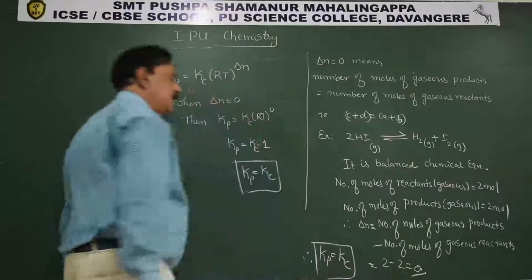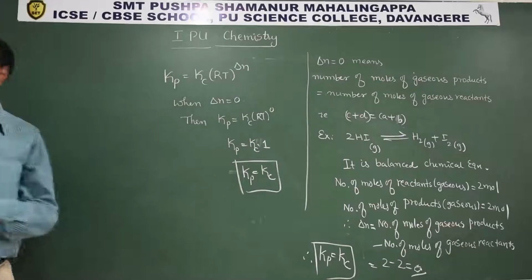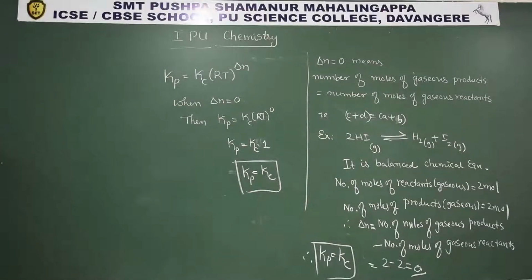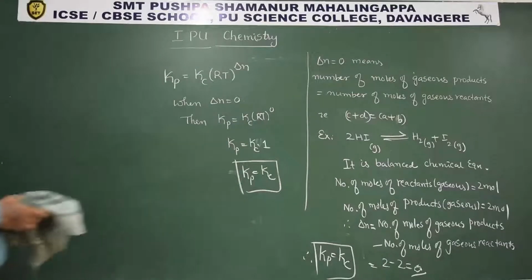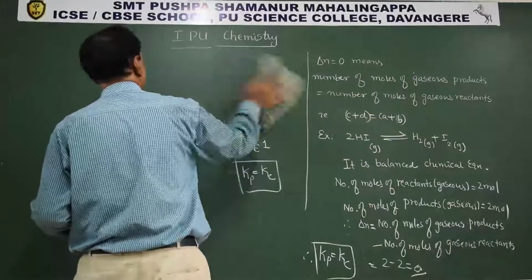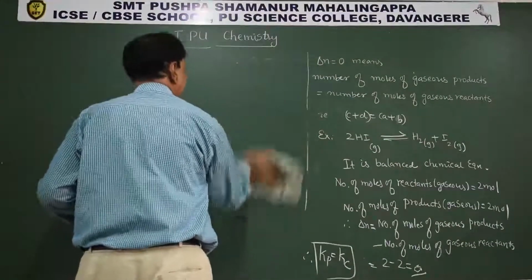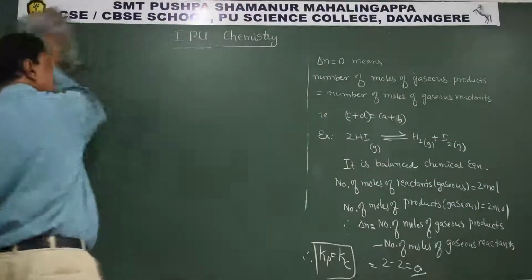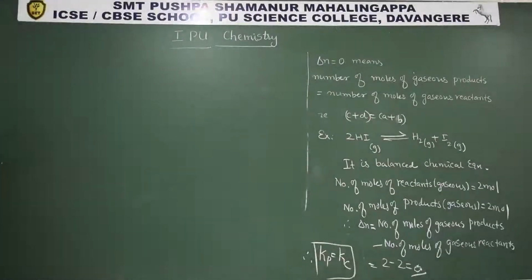For the expression 2HI in equilibrium with H2 plus I2, Kp and Kc both are equal.